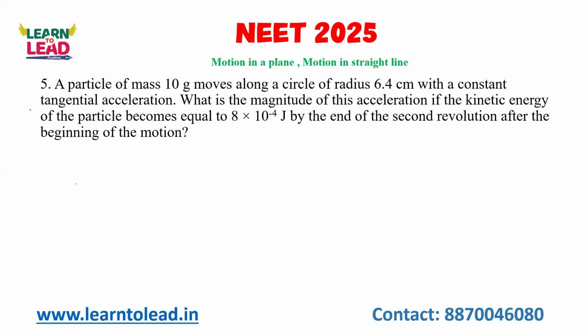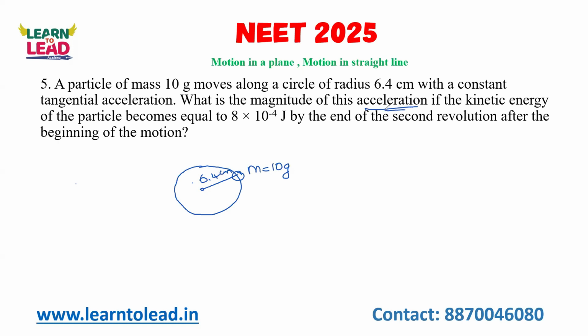A particle of mass 10 gram moves along a circle of radius 6.4 cm with constant tangential acceleration. What is the magnitude of this acceleration?